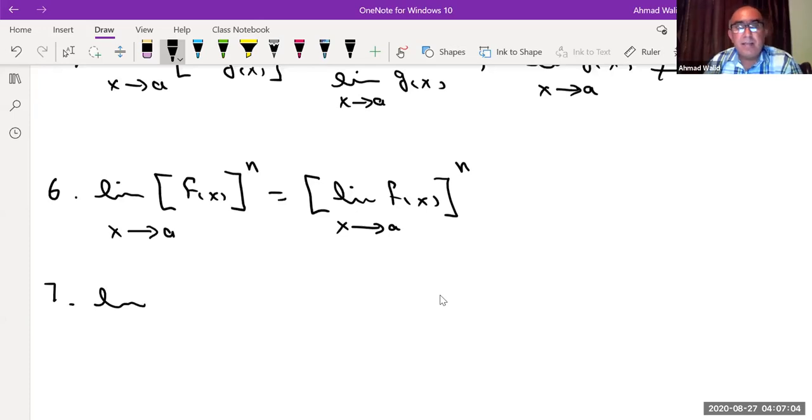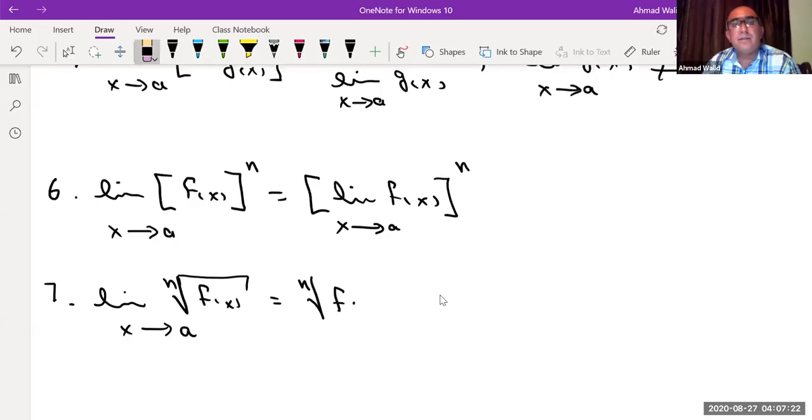If I have the limit of the n root of f of x as x approaching a, then I can rewrite this as the n root of the limit of f of x as x approaching a.